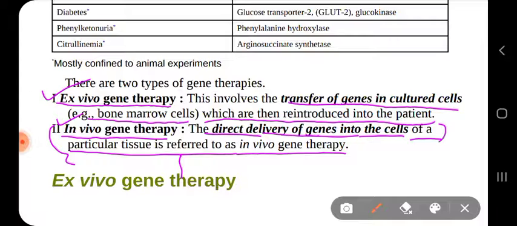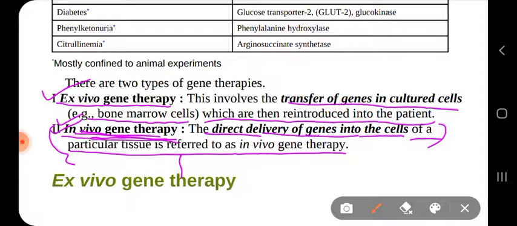For that reason, including the gene, there is the promoter sequence, operator sequence, and all the sequences which are needed for expression of that gene. And directly with the help of a carrier molecule like a vector, we are introducing them into the patient in the target tissue.